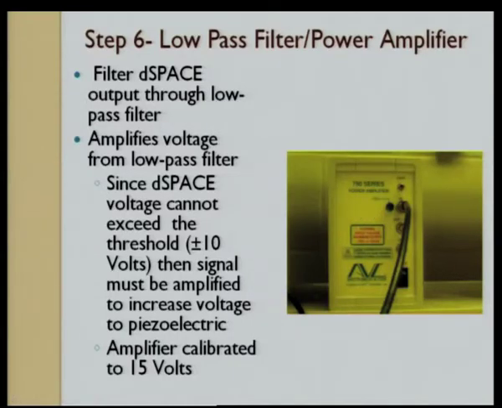So, the output is sent through a power amplifier, which is shown here. This power amplifier amplifies the voltage. Since the dSPACE voltage cannot exceed the 10 volts threshold, the signal must be amplified to increase the voltage to piezoelectric volts. In this case we need to calibrate the power amplifier, and we have done this for about 15 volts.